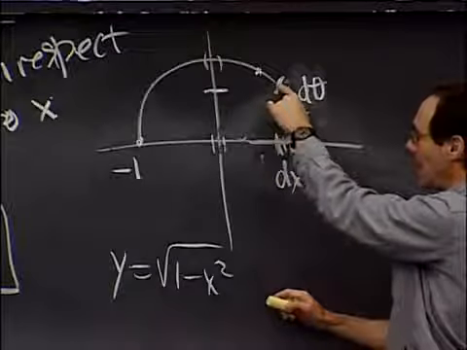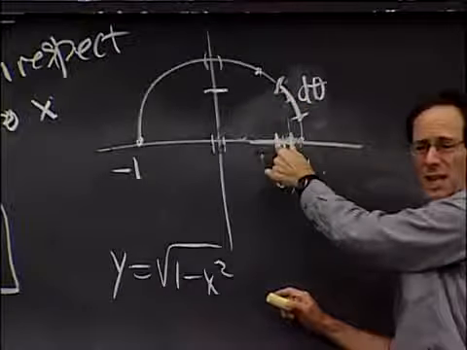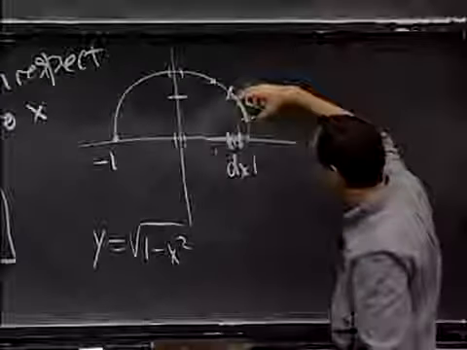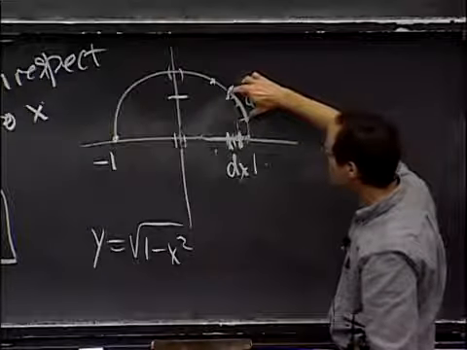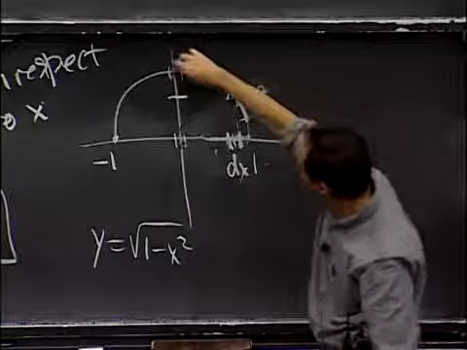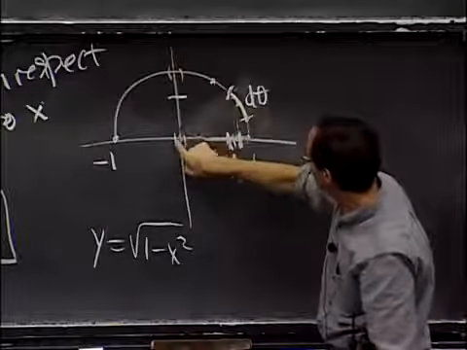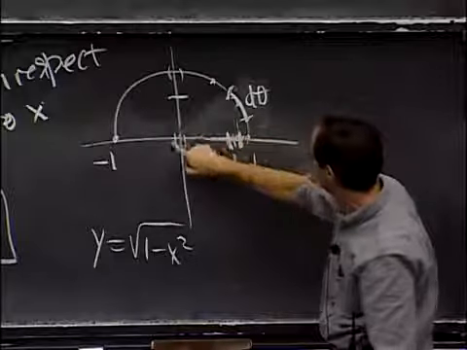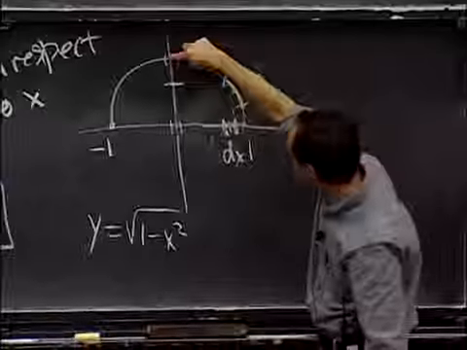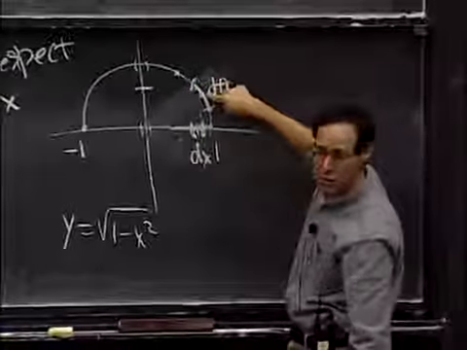But here it becomes very exaggerated. The d theta lengths are much longer than the dx lengths, which means that the importance given by the theta variable to these parts of the circle is larger relative to these parts. Whereas if you look at this section versus this section for the dx, they give equal weights to these two equal lengths. But here, with respect to theta, this is relatively short and this is much larger.